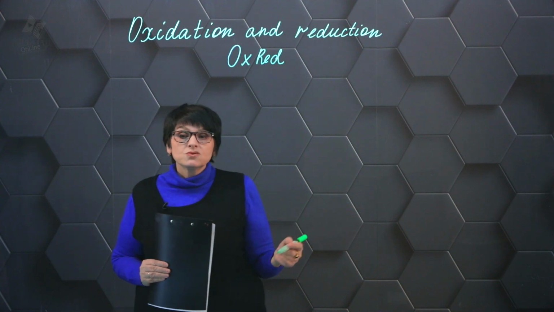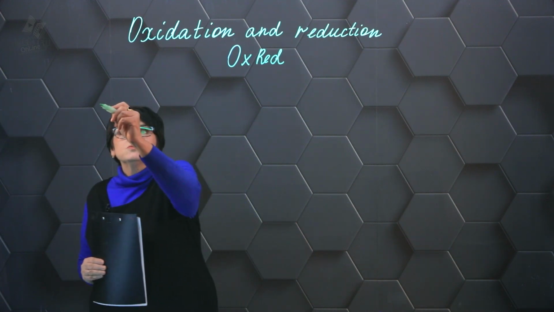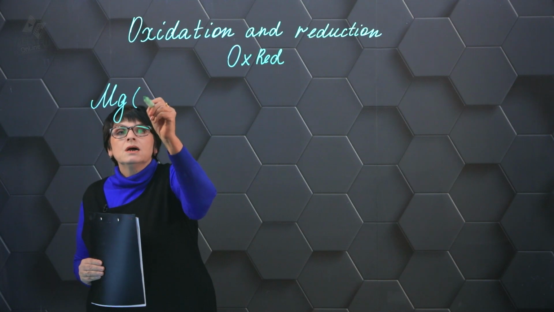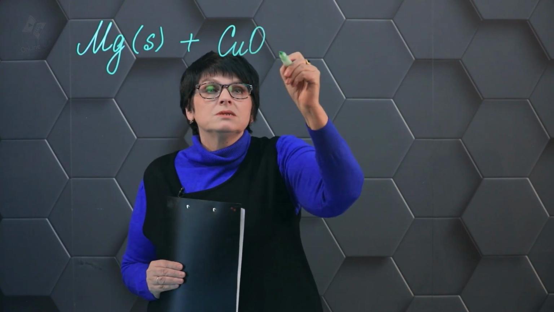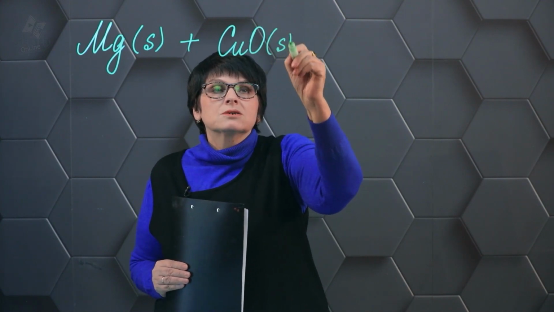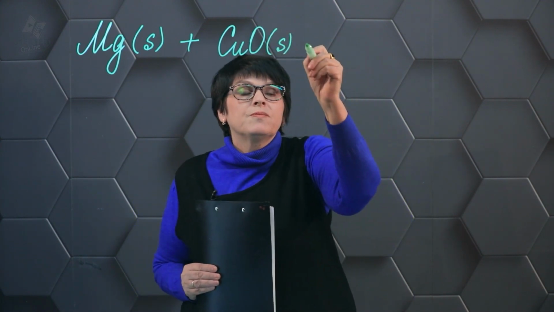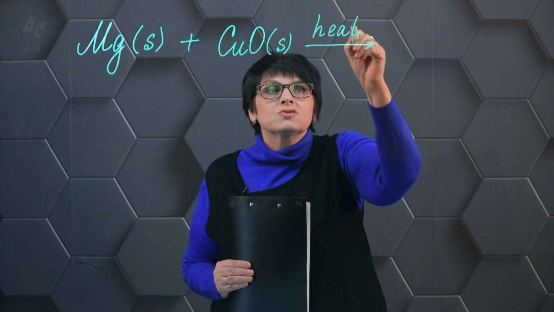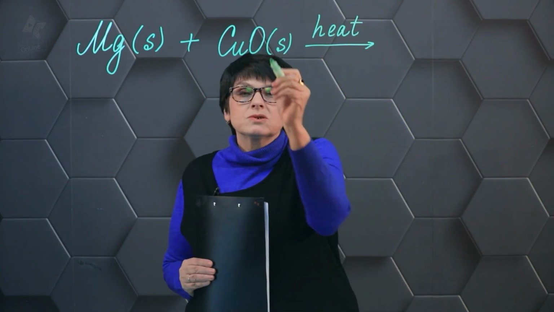Let's say we have the metal magnesium interacting with copper oxide. Let's be sure to note here that magnesium is a solid and it reacts with copper oxide, which is also a solid. This process itself is heated, so without heating, the reaction between the two complex substances will not be possible.